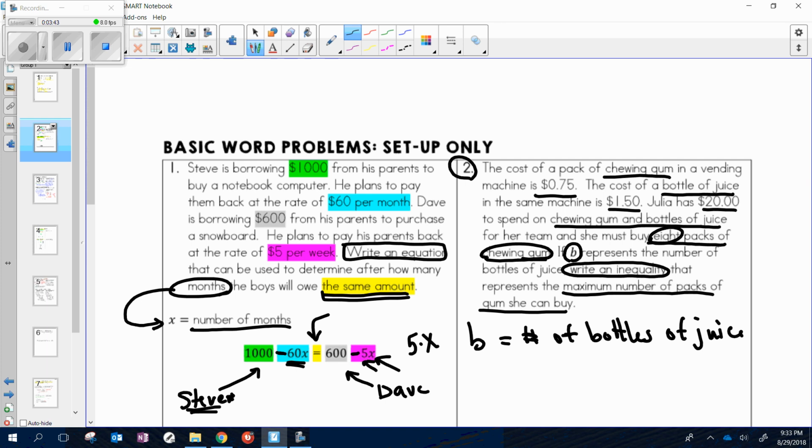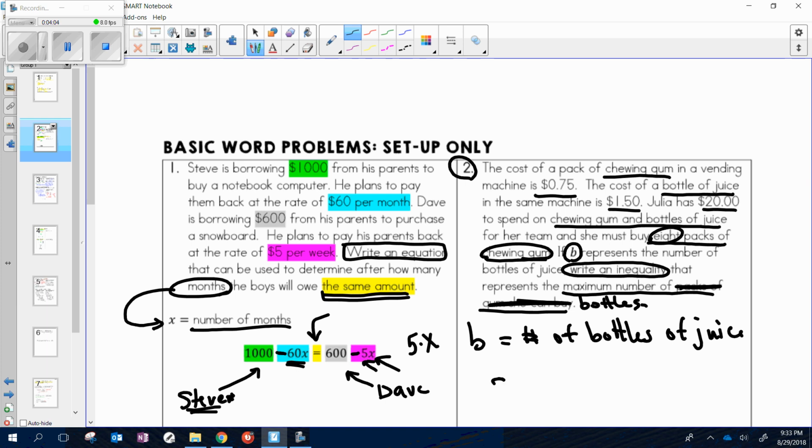Wait a minute. We already know she had to buy 8 packs of chewing gum. So I think we're supposed to be finding the maximum number of bottles of juice. So that's a typo. Oh, well, moving on. Maximum number of bottles of juice she can buy.